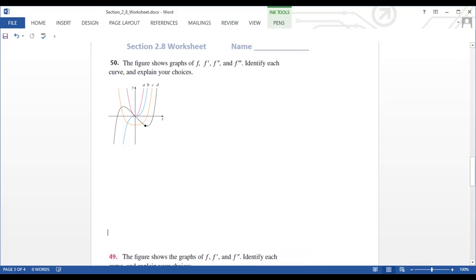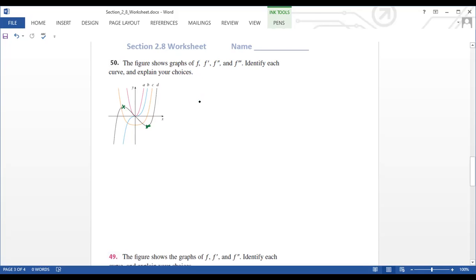D has turning points, right? This point and this point. It changes from increasing to decreasing, and then from decreasing to increasing here.